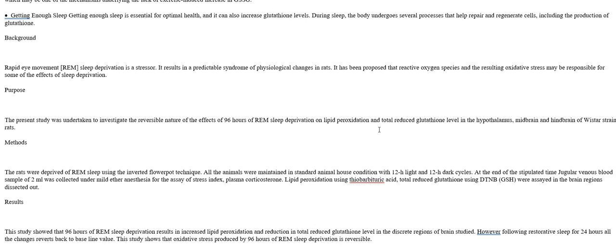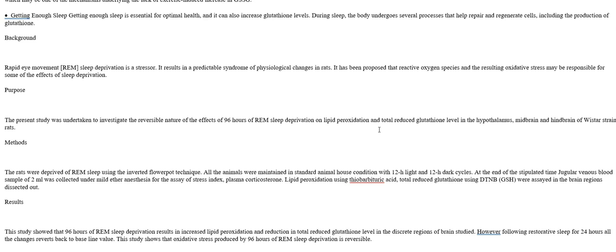Anyways, methods. The rats were deprived. Damn, that's like 8 or 9 days of no REM sleep. The rats were deprived of REM sleep using an inverted flower pot technique. All the animals were maintained in standard animal house conditions with 12 hours light, 12 hours dark cycles.